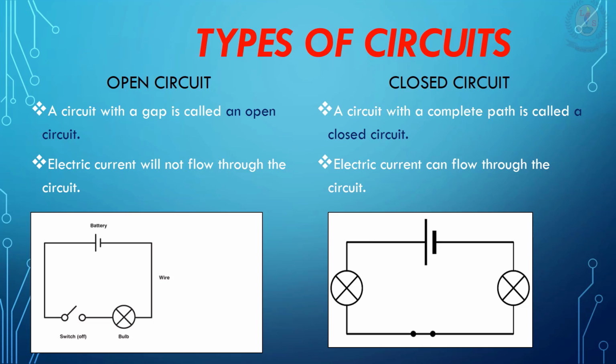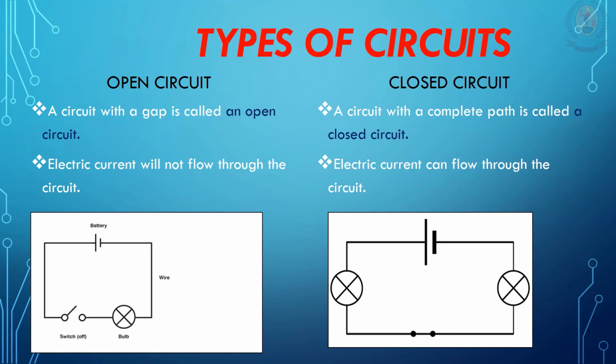Look at the second picture very carefully. Can you see any gap in the circuit? No. We can see in that picture the switch is closed. That means this is a complete circuit. So, through this complete circuit, the electric current can flow.